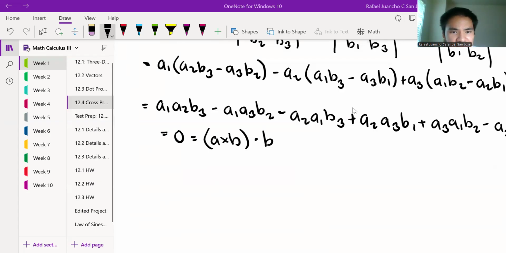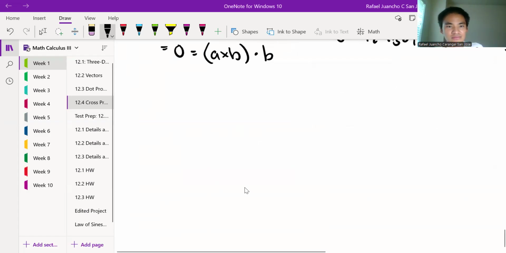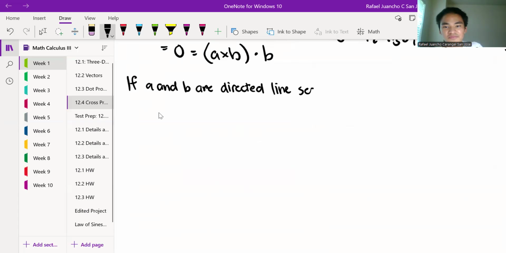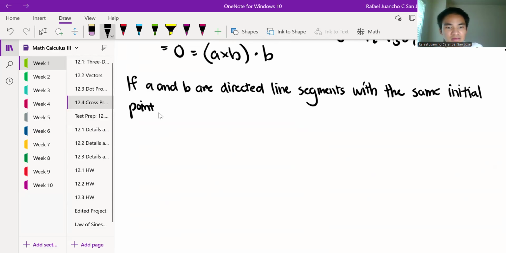Here we're saying if A and B are represented by directed line segments with the same initial point, these vectors have the same tail, right?